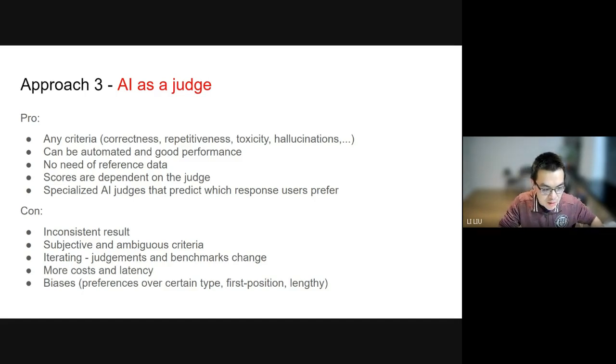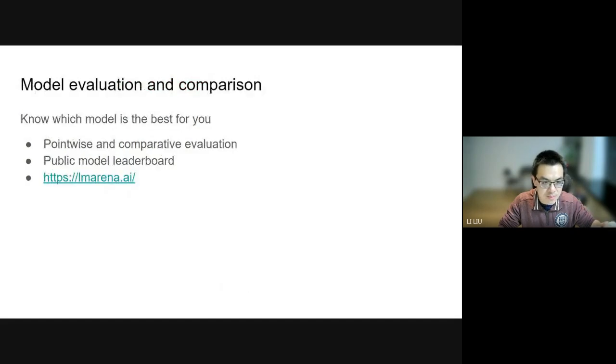So that is also a bias. Another is verbosity: if we are comparing two summaries, the AI will usually think the longer one is better than the shorter one. These are all things that, as researchers and AI developers, we need to consider, evaluate, and test a lot before we deploy into the production system.